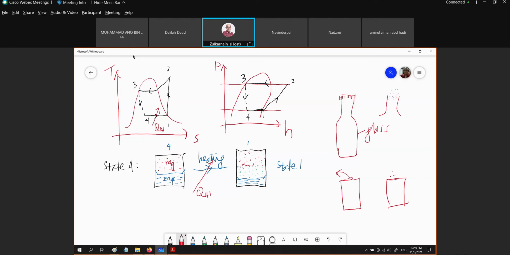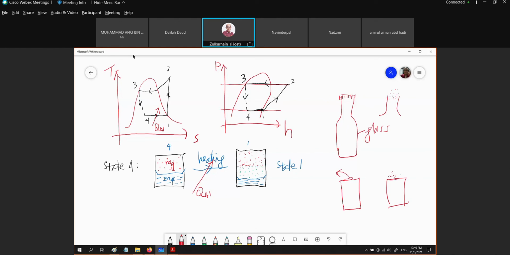Why? Because initially the pressure inside the can or bottle is higher than the atmospheric pressure. So when we have a sudden change from high pressure to low pressure, there is some flashing of this vapor.